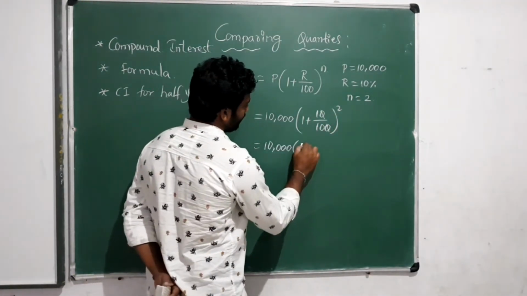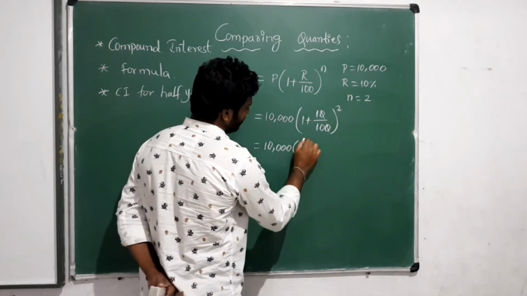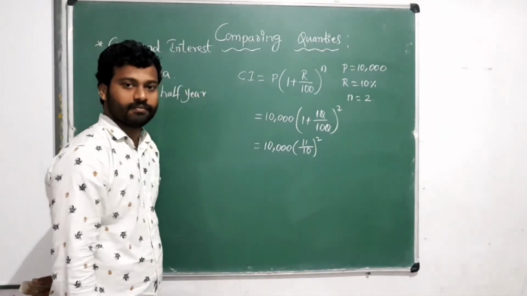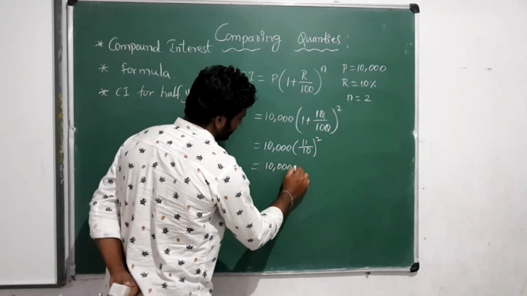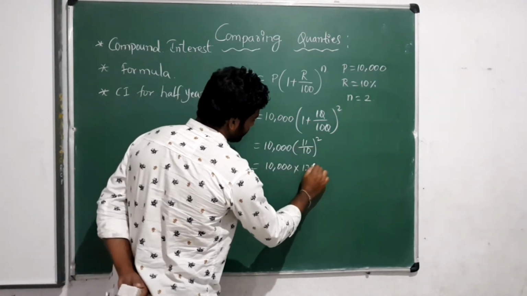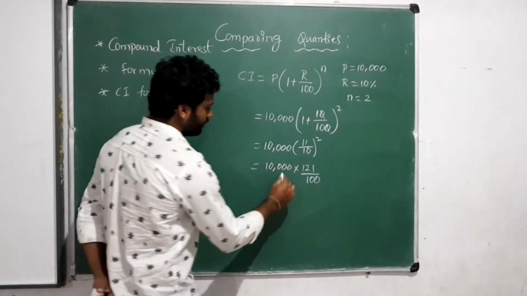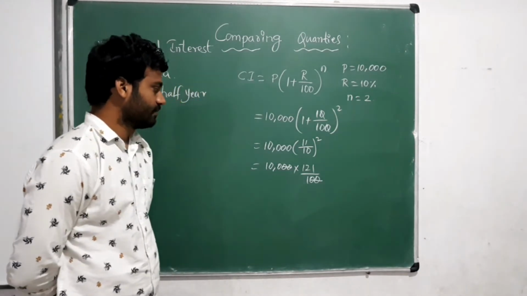So here it will be 10 plus 1, 11 by 10 whole square. So 10,000 into 11 square is 121. 10 square is 100. Two zeros, it cancels.